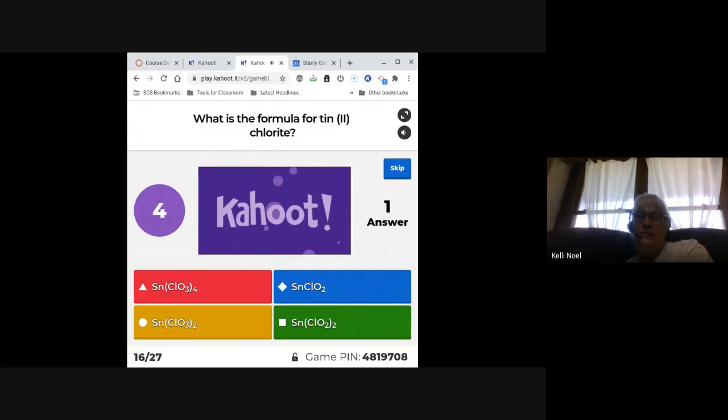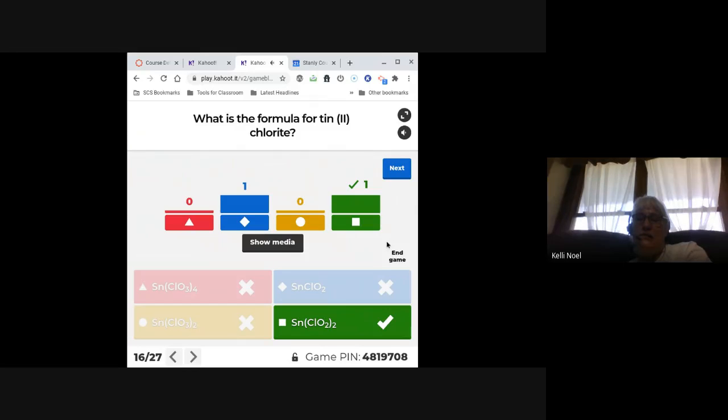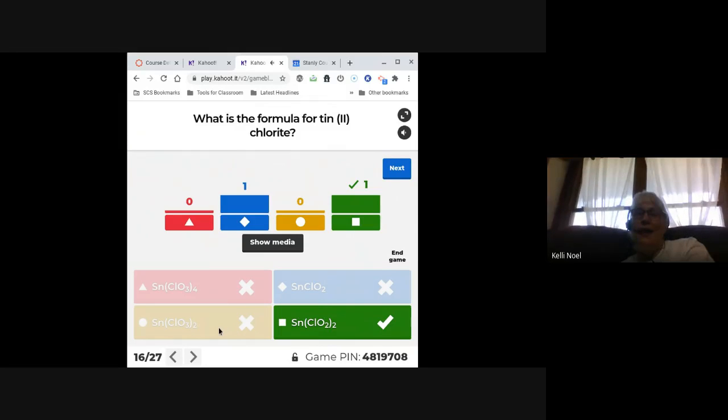You've got chlorate and chlorite, and we don't usually do a lot with chlorite, but chlorate is going to be ClO3 and chlorite is going to be ClO2 for the polyatomic. And you've got your parentheses. The parentheses with the Roman numeral told you that tin's charge was 2 plus.